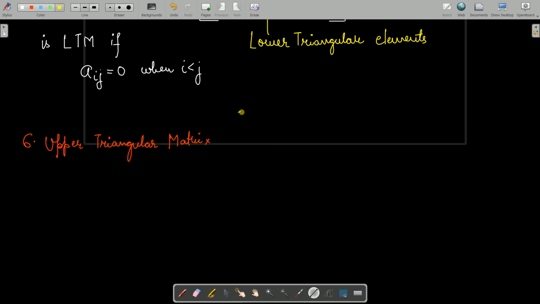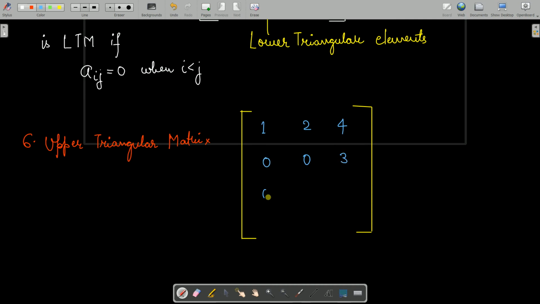Here the representation still remains the same, but in this case the elements will be in your upper triangle. Let's say we have the matrix like this: 1 2 4, 0 3 0, 0 0 7.